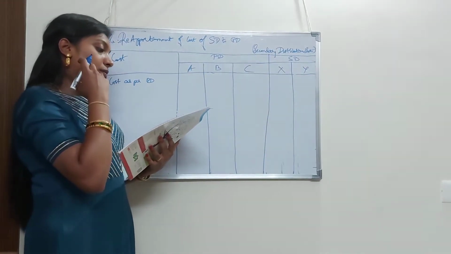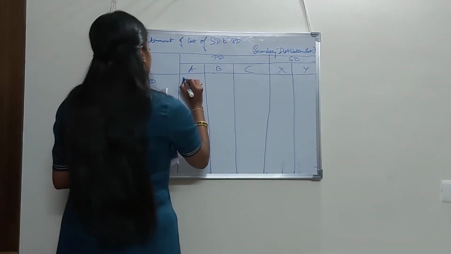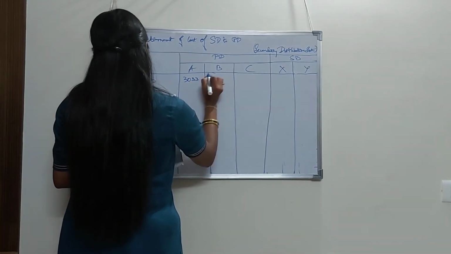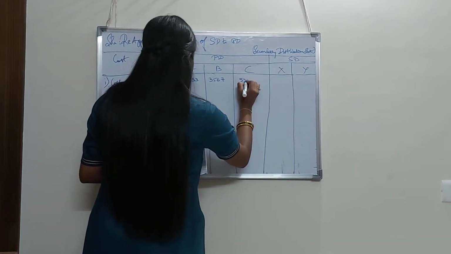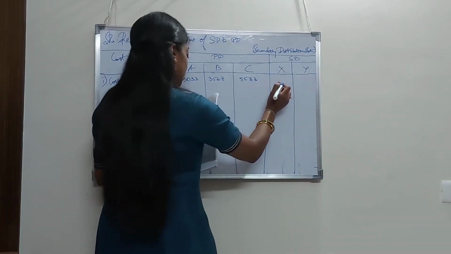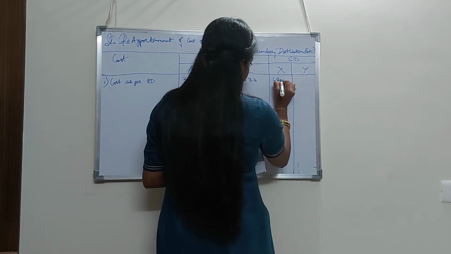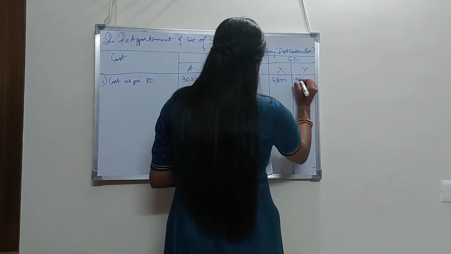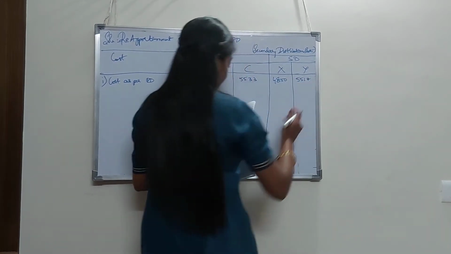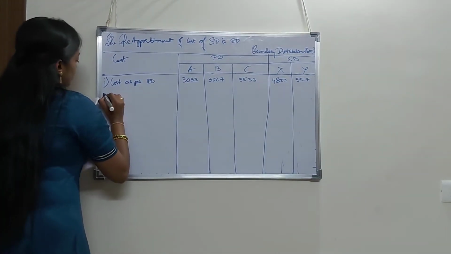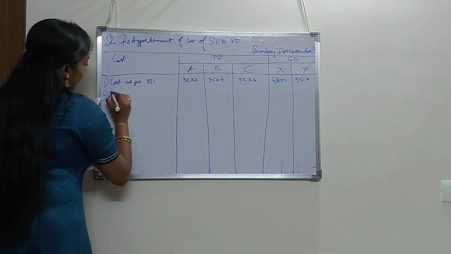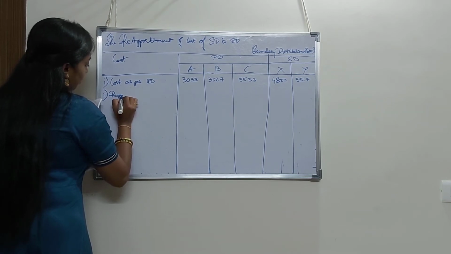So as per primary distribution, we just now calculated: it is 3033, 3567, 5533, 4850, 5517.